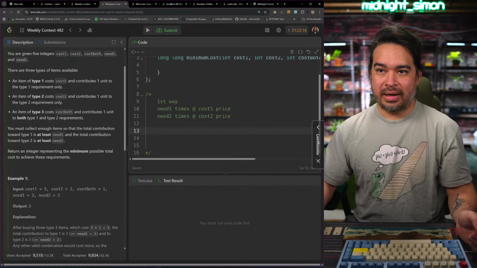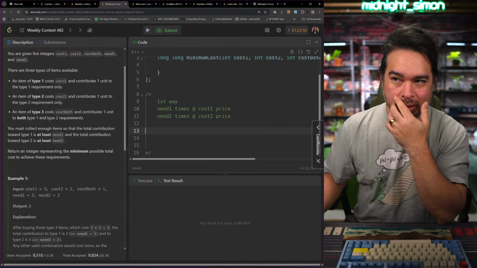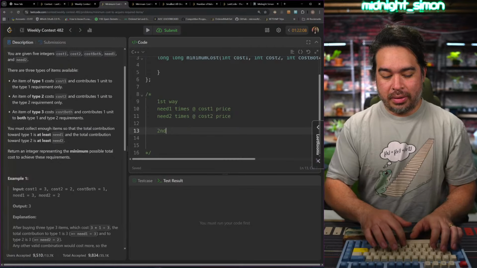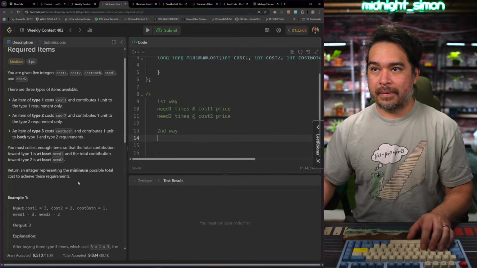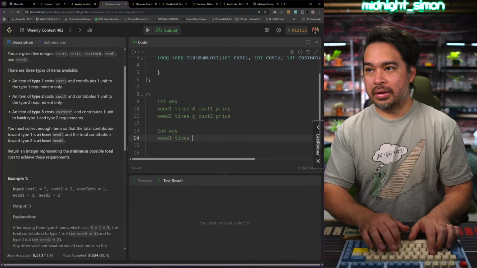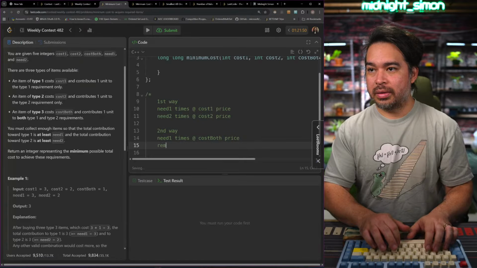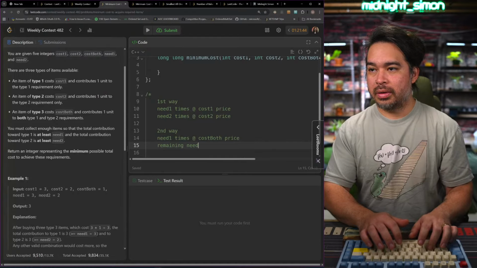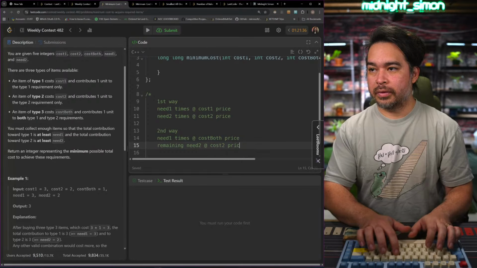Wait, do we need to at least need 1? Second way would be maybe need 1 at cost both price. Remaining, so there's that way.